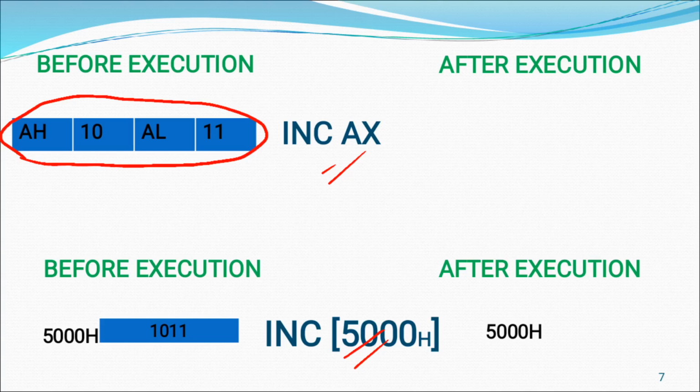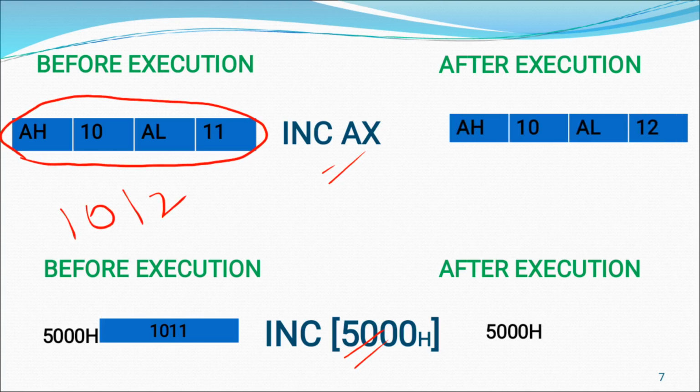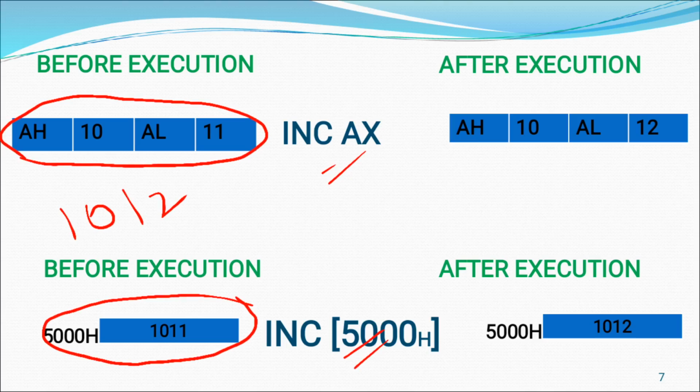After the execution of this instruction, the register content 1010 is increased by 1, and the result will be 1011. If we say the content of memory location 5000 is 1011, then after the execution of INC 5000, the content of memory location 5000 will be 1012.